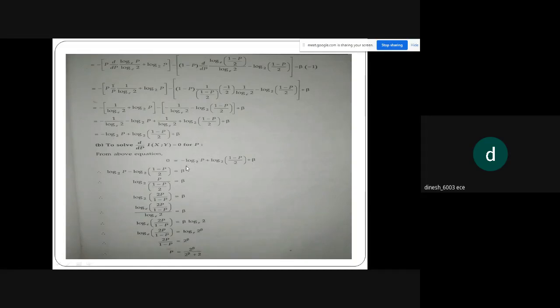Rearrange in terms of beta, so beta will be equal to log to the base 2 p plus log to the base 2 (1 minus p)/2. Further simplify by your mathematical tool, and we will get the value of p. From beta you find p. These are the steps in sequence, the mathematical simplification procedure. So p is equal to 2 power beta divided by 2 power beta plus 2.